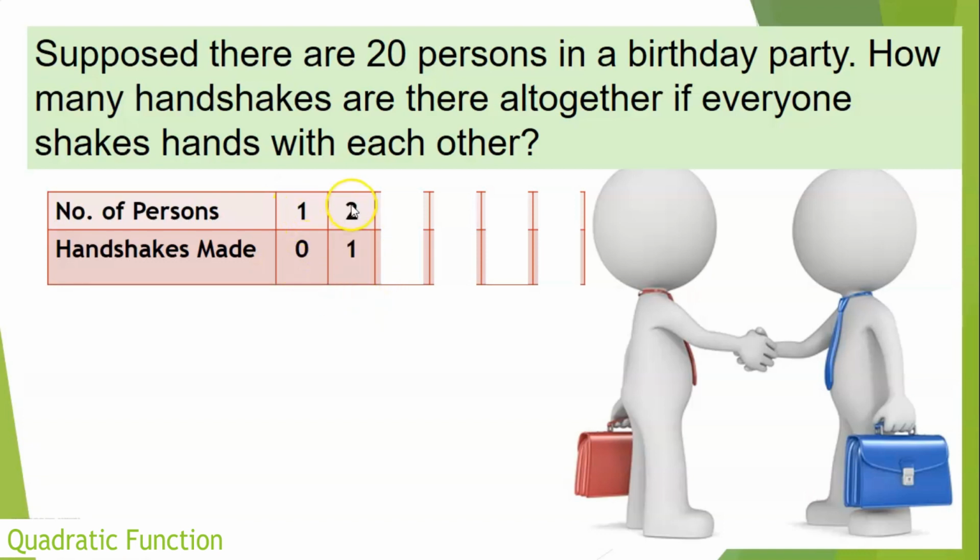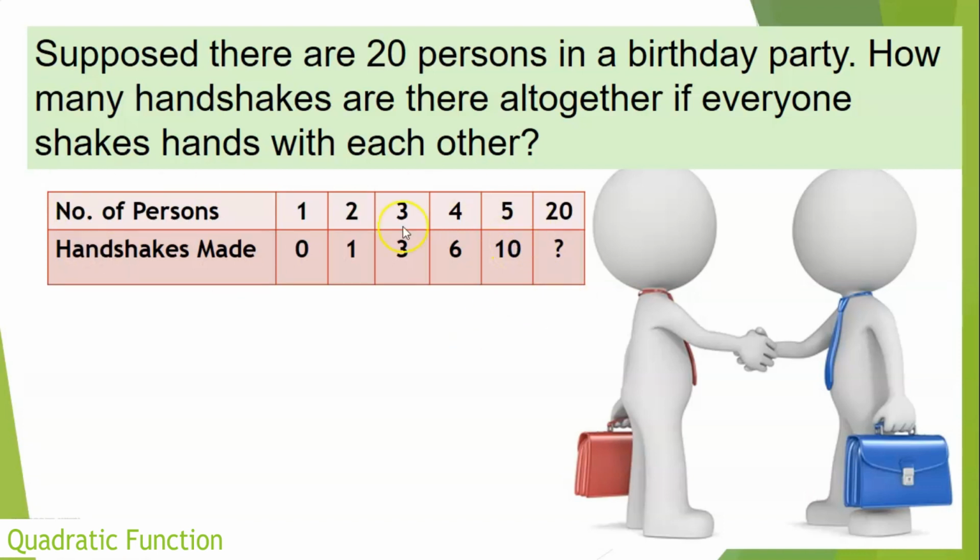If there are 2 persons, only one handshake is possible. If there are 3 persons, 3 handshakes are possible. If there are 4 persons, 6 handshakes are possible. If there are 5, there are 10. If there are 20, how many handshakes are possible?